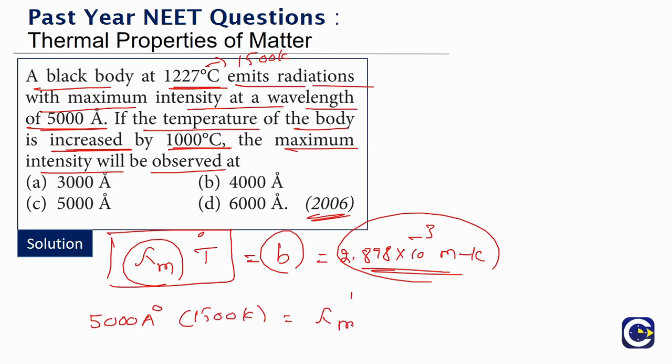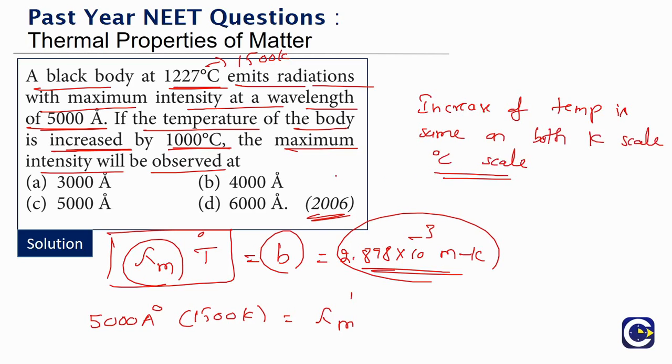that is equal to lambda m dash. When we increase the temperature, we are increasing the temperature by 1000. The increase of temperature is the same on both the Kelvin scale and the Celsius scale. Why?